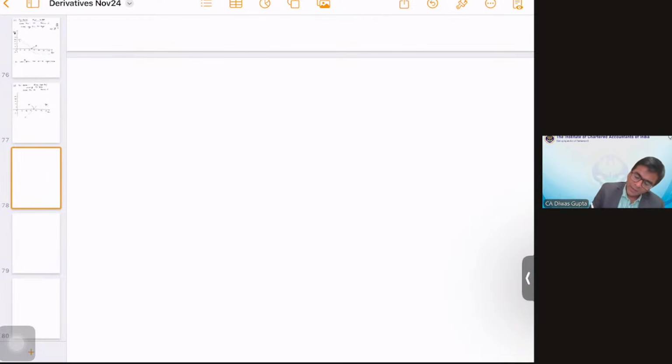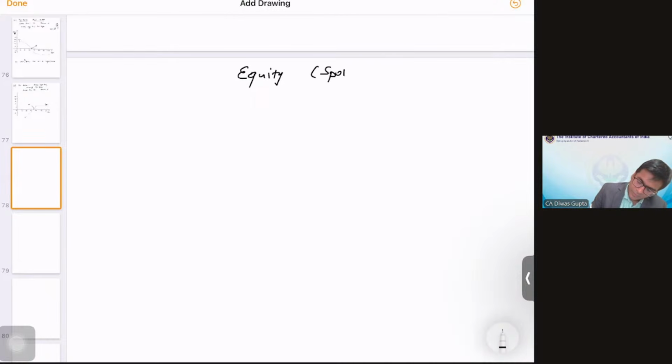Okay. Now, students, we discussed equity, right? So what happens in the spot market for equity? Let's say this is a stock exchange. This is the price at which the equity is quoted on a stock exchange.